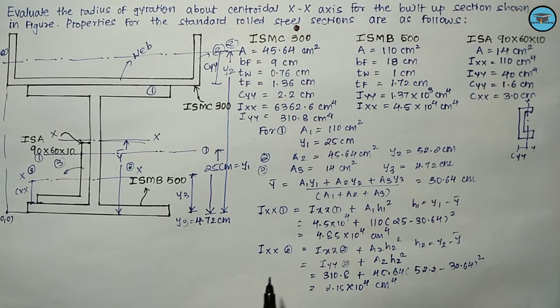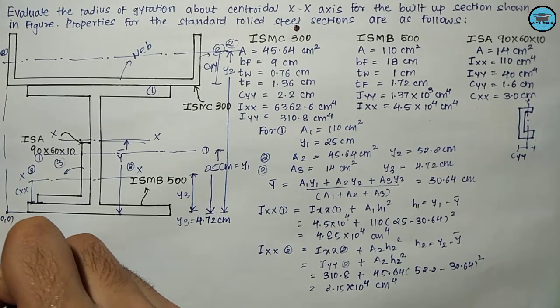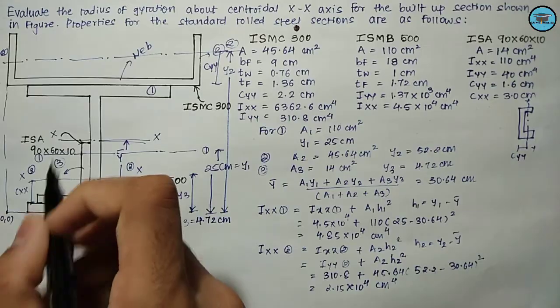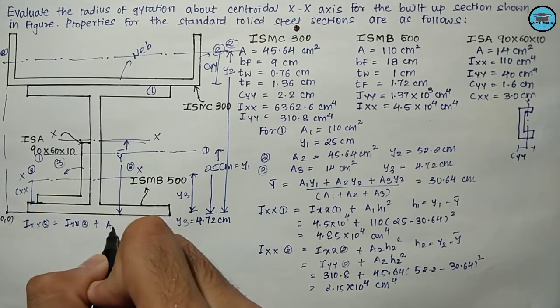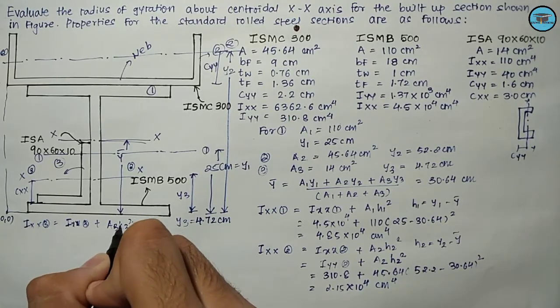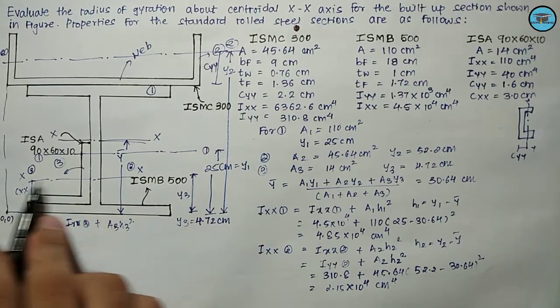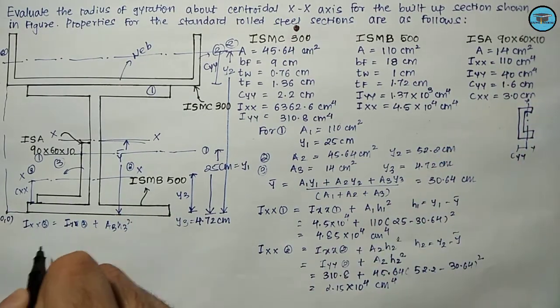Similarly, we need to determine the value of Ixx3. So it can be determined as Ixx3, that is the moment of inertia about the local x-axis plus a3 into h3 square, and for the angle section the moment of inertia about the local x-axis is given as 110 centimeter raised to 4.